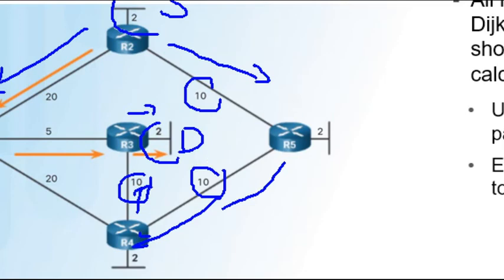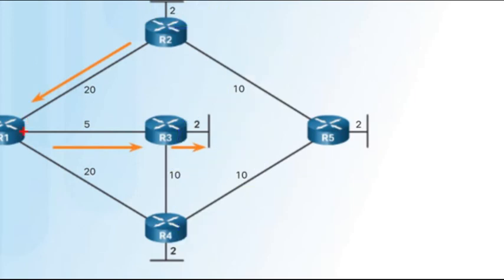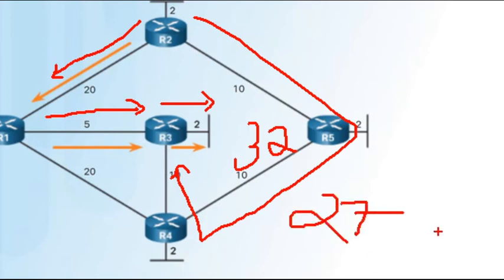Okay, 32, right? Now, let's compare that with this path right here. You have 20 or 1, you have 5, 25, plus 2, you only have 27. So when you have this path right here, you have 32. Obviously, the Dijkstra algorithm will compare the cost, and definitely it will see that 27 is less than 32.